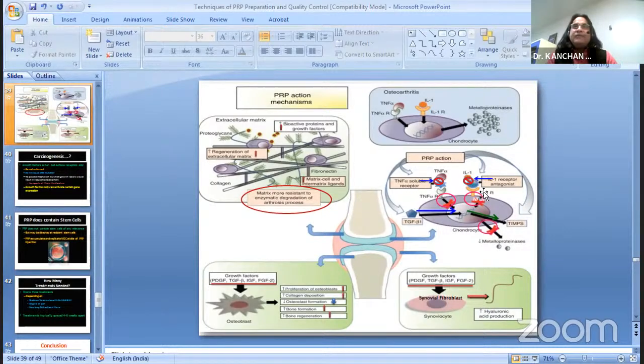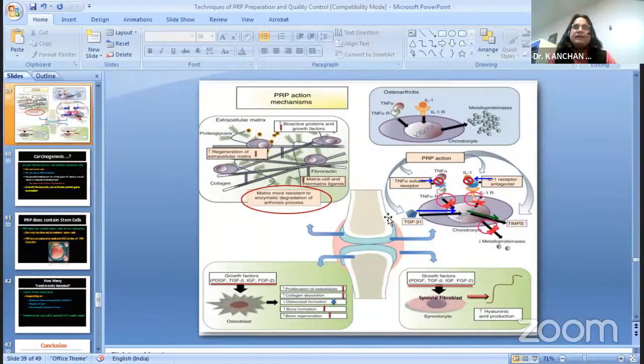They bind TNF-alpha, and soluble IL-1 receptor antagonist binds on the TNF-alpha receptor and the IL-1 receptor. They stop sending the bad signaling, then stop producing metalloprotease formation. Then they stop the degeneration of the chondrocytes, right?